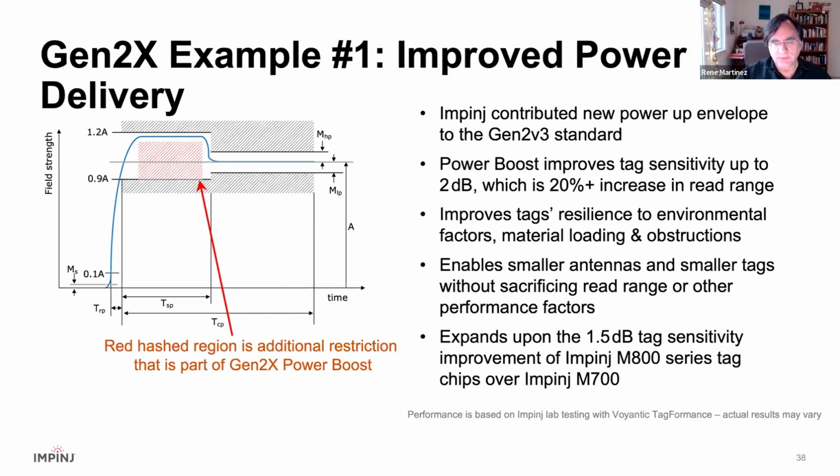Now, on this diagram on the left, the content in blue and black ink is from Gen2v3. And I like to say that this new power-up is longer and stronger. It's longer in time and optionally higher in power than the 1.0 nominal field strength there.